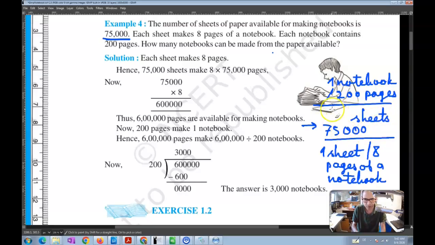So if I have 75,000 sheets, and if one sheet makes 8 pages of a notebook, then 75,000 sheets are going to make 75,000 times 8 pages of a notebook. So this is the number of pages of a notebook, right?